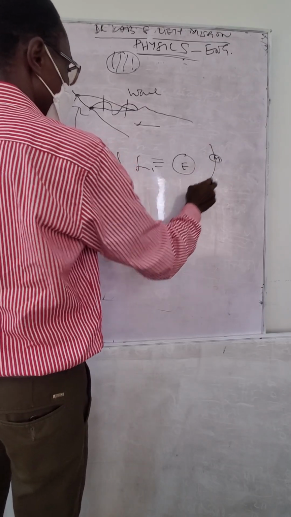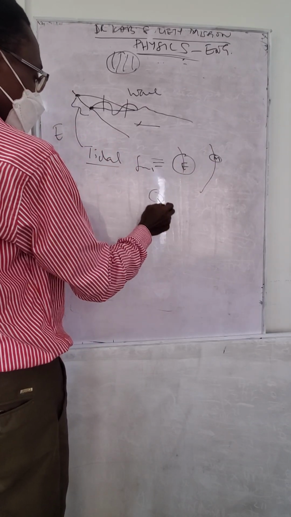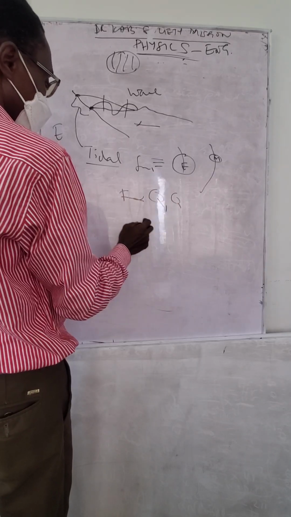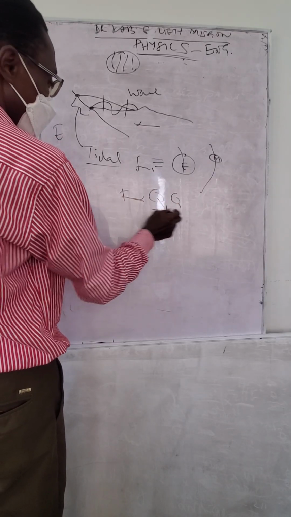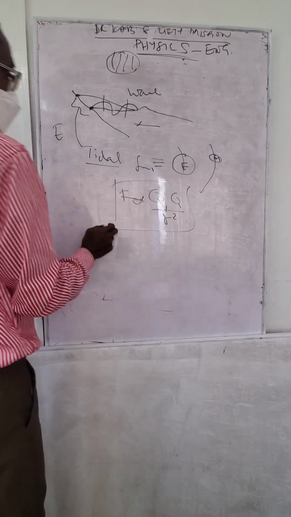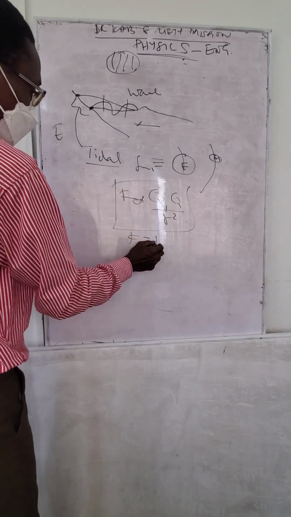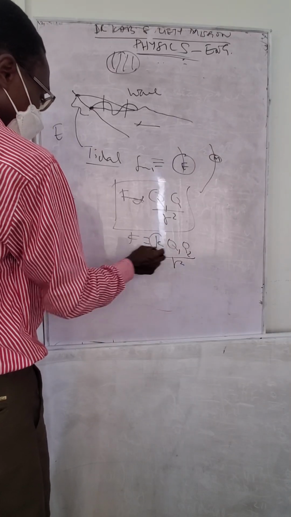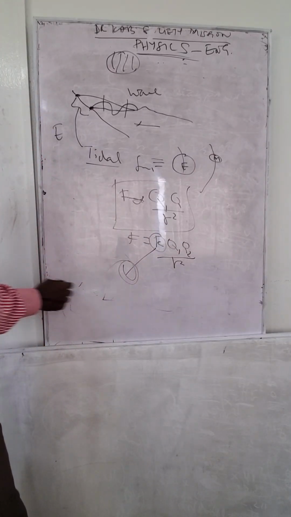And we have a way of calculating attraction between two bodies. The force is proportional to Q1, Q2, and it's also inversely proportional to the distance between them. We'll get there and discuss it, so that F becomes equal to K Q1 Q2 over R. And this has an expression depending on what is happening.